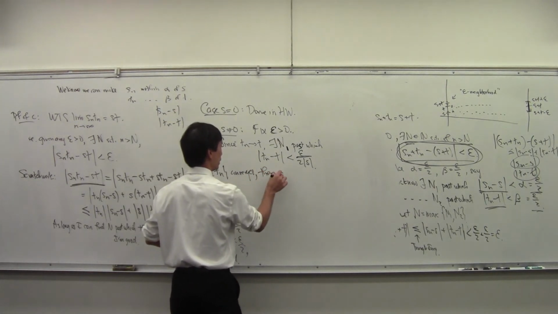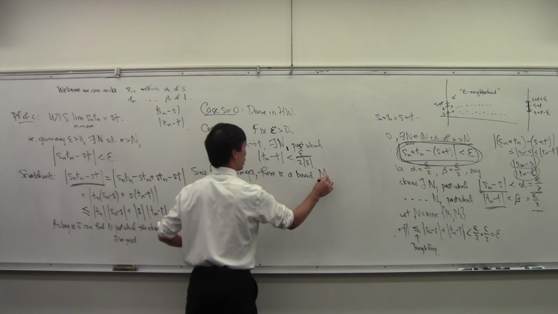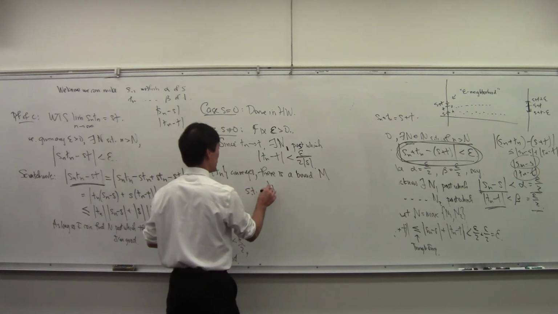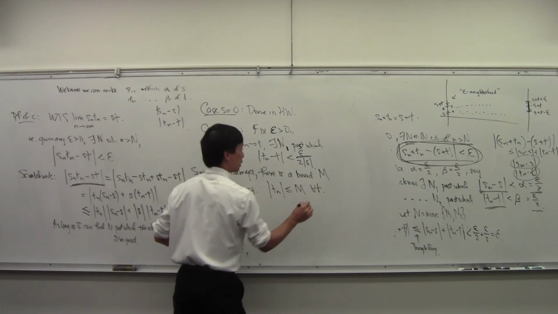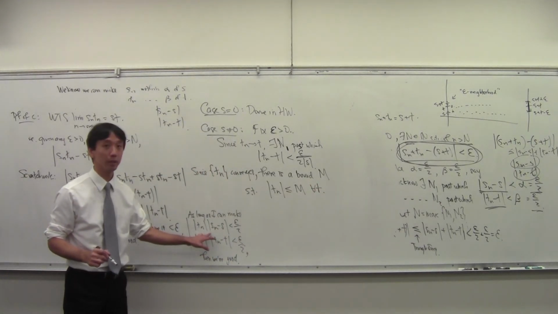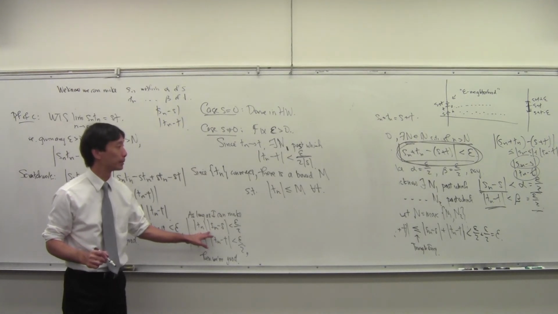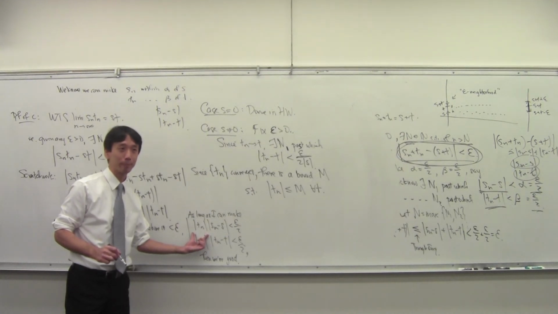So there is a maximum, there is a bound, M, such that the absolute value of Tn is less than or equal to M for all n. Any convergent sequence, as we said last time, is bounded. So I know that these absolute values of Tn are all smaller than that M.